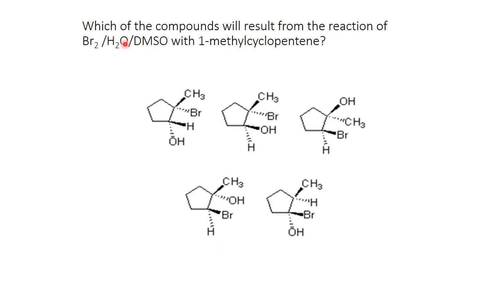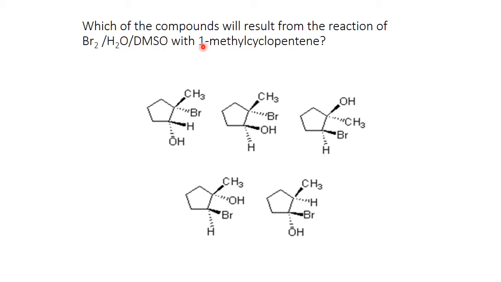Which of the compounds here result from the reaction of bromine and water in DMSO with 1-methylcyclopentene? If I look at this, DMSO is just a solvent. So I'm really having bromine and water add across the double bond.